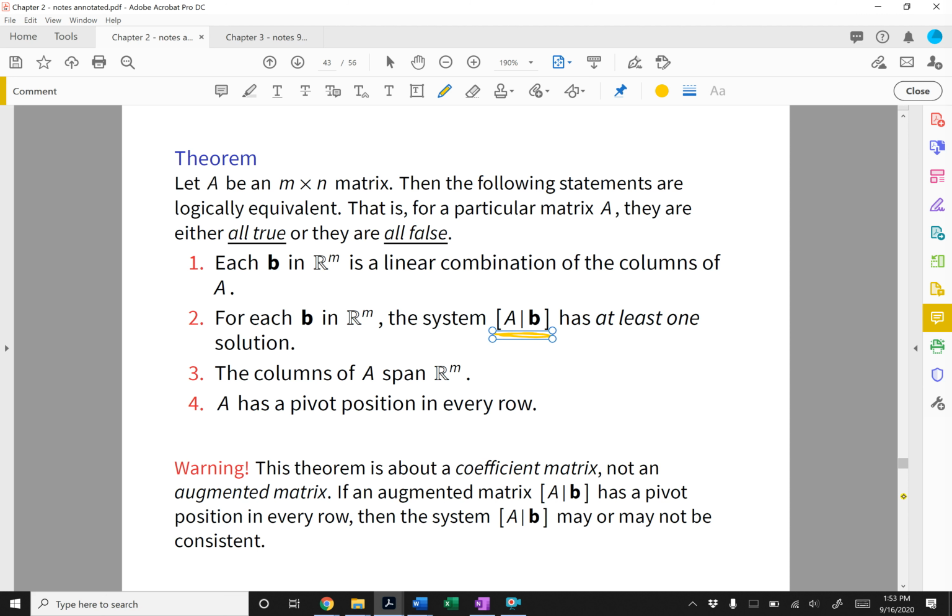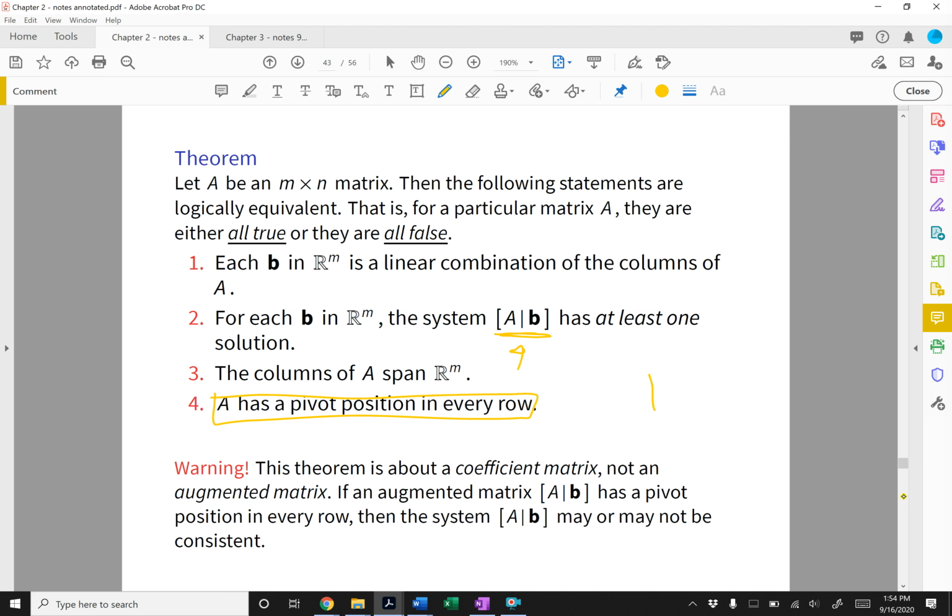And this, in practice, is a pretty nice way to find the other ones. You can start row reducing. You can set it up as an augmented matrix, or you don't even need to have B. You can just start row reducing the matrix A, the coefficient matrix, and if you see you have a pivot position in every row, then you'll know the columns of A span Rm.